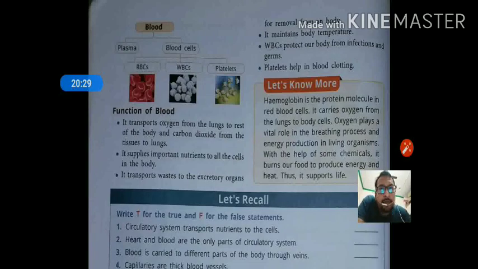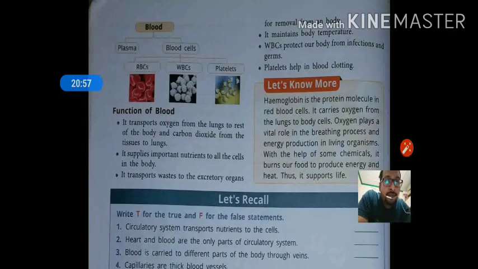What are the functions of the blood? Let us recap. It transports oxygen from the lungs to the rest of the body and carbon dioxide from the tissues to the lungs. It supplies important nutrients to all the cells in the body. It transports waste to the excretory organs for removal from the body.